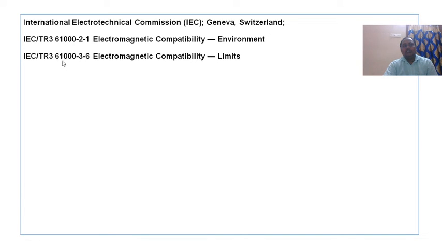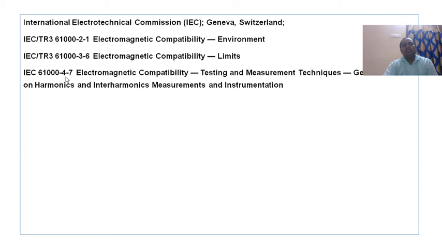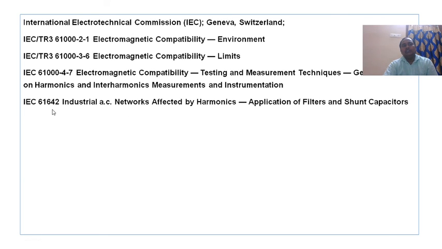IEC TR3 61000-3-6 gives electromagnetic compatibility limits. IEC 61000-4-7 covers electromagnetic compatibility testing and measurement techniques, general guide on harmonics and interharmonics measurement and instrumentation. IEC 61642 covers industrial AC networks affected by harmonics, application of filters and shunt capacitors.